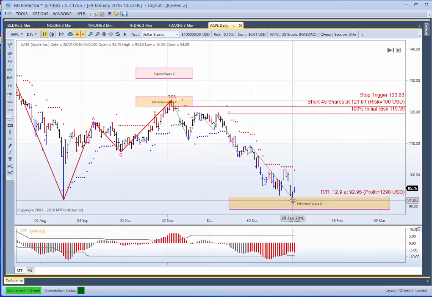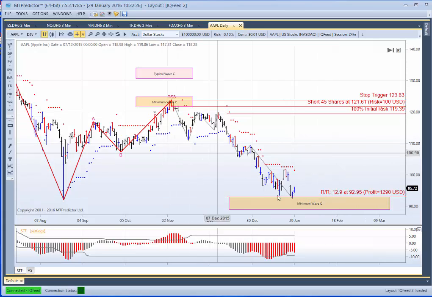But I wanted to show this because the whole idea of MTPredictor is that when we're wrong, which we were to start with, the loss is kept small. In other words, we lost 1 risk unit. But on this particular trade, we came down to here and the profit was 12.9. Can I call that 13 to keep the math simple? 13 risk units.